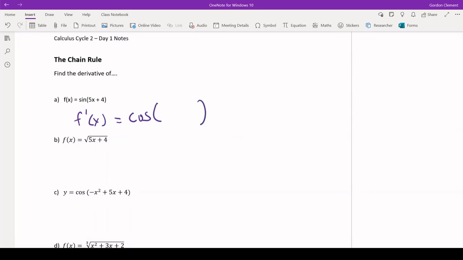And you leave that inside function plugged in. So derivative of the outside, leave the inside function there, and then completely separately multiply by the derivative of the inside function. The derivative of the inside function here is 5. And that's the chain rule. So you do derivative of the outside, leave the inside there, and then multiply by the derivative of the inside, the derivative of 5x plus 4.